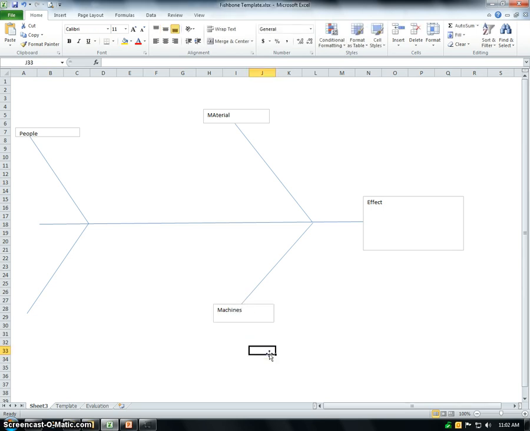Maybe it was the machines that they were using. Looks like we got an extra capital there for material. And I can just copy these actually, can't I?